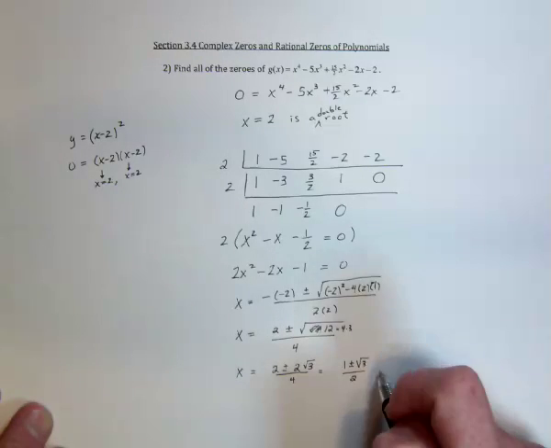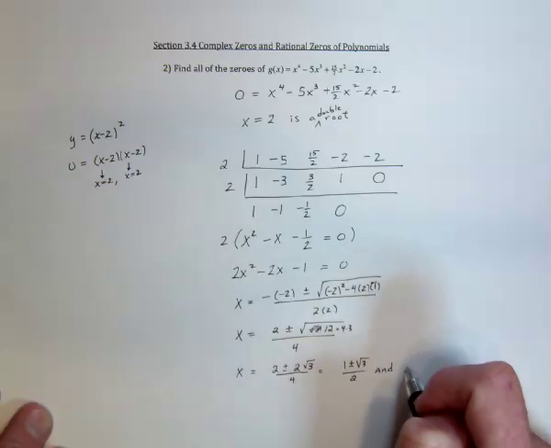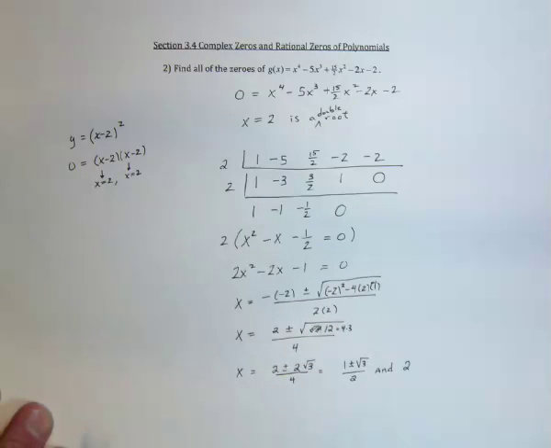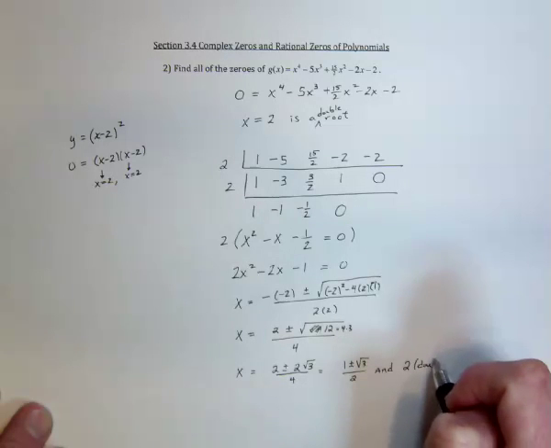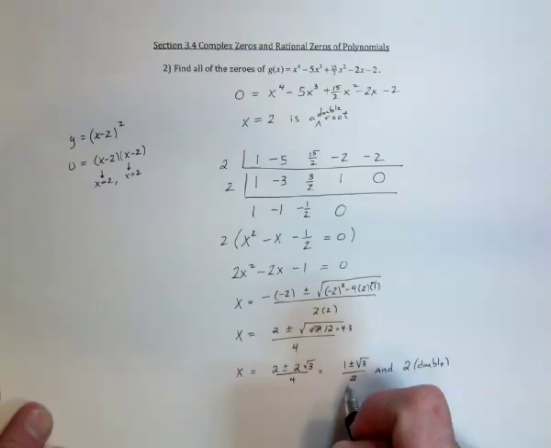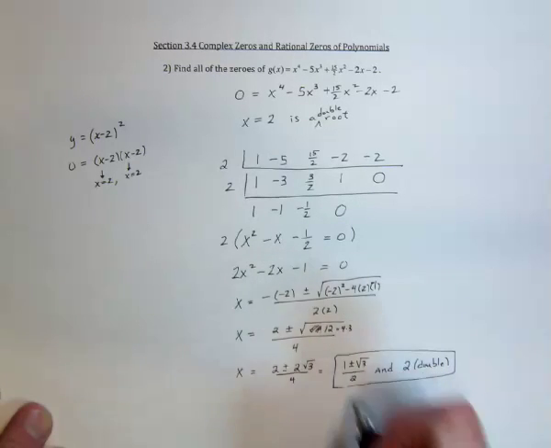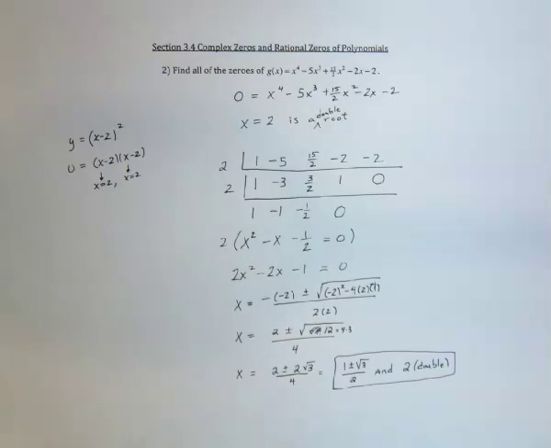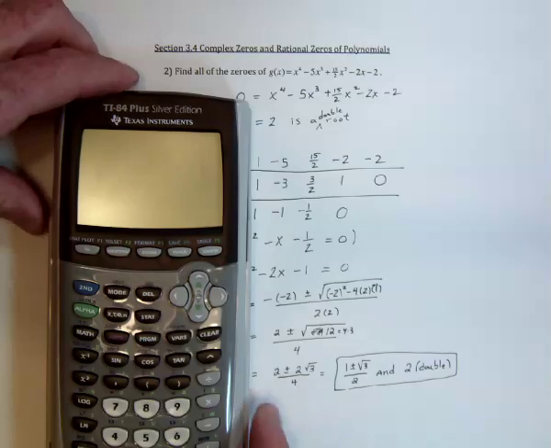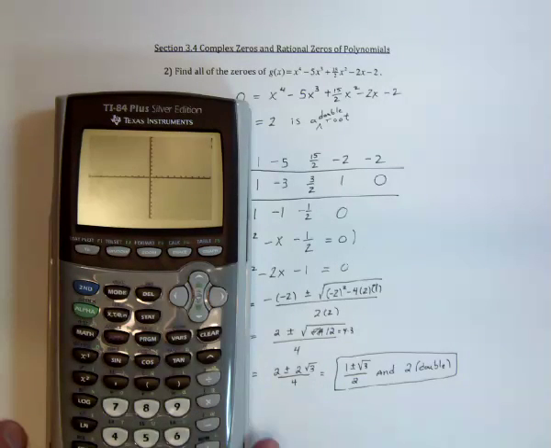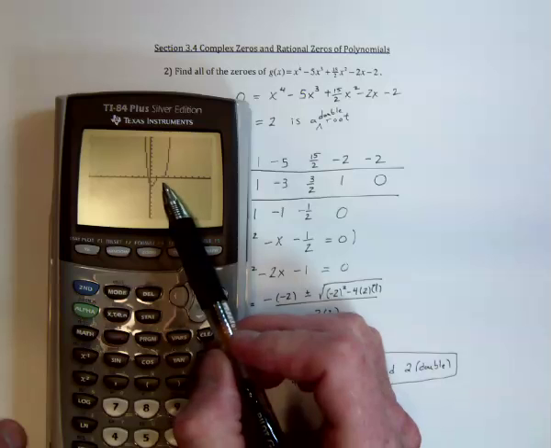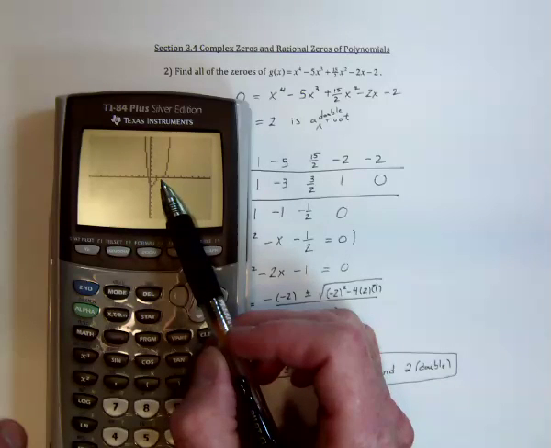So that, together with 2, the double root, those will be all of the roots. And now, taking a look at the graph to make sure, zoom back out, and we've got the 2 we've already checked.